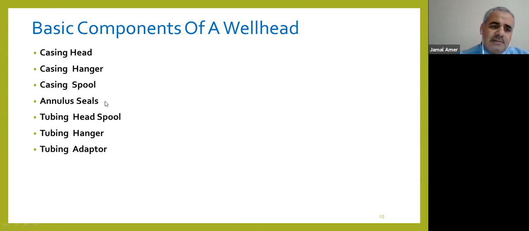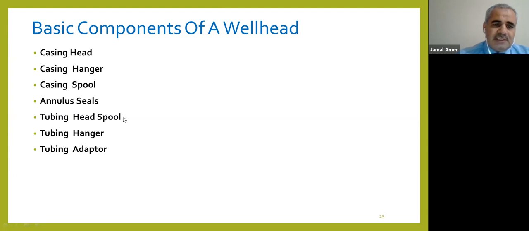We have annulus seals. These seals are very important, because if the wellhead seals fail, then we will notice pressure in annulus A or annulus B. So if we bleed off the pressure from annulus A, this pressure will build up again if these seals have failed.